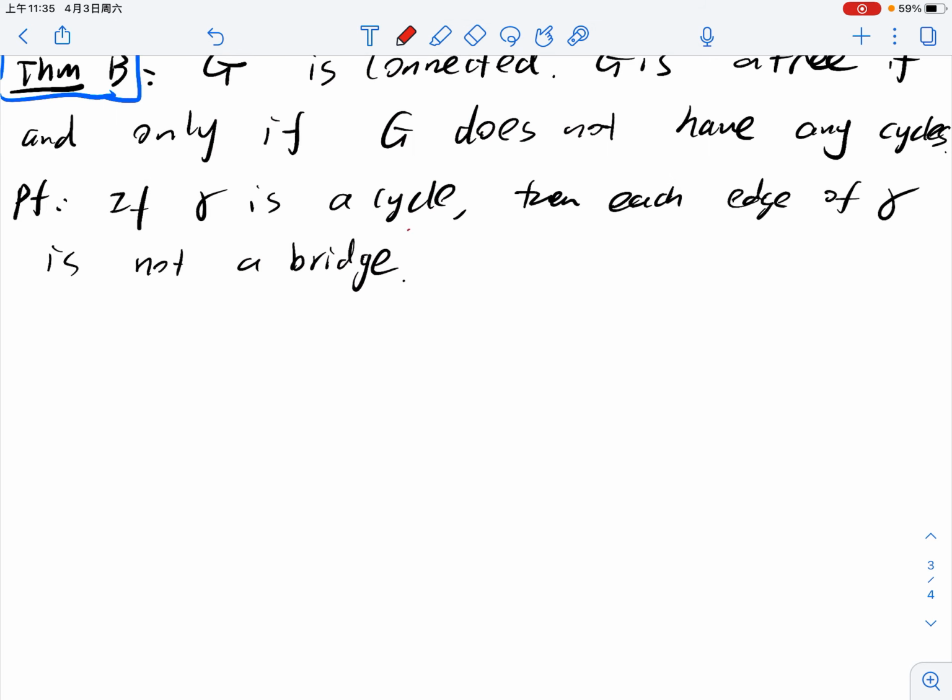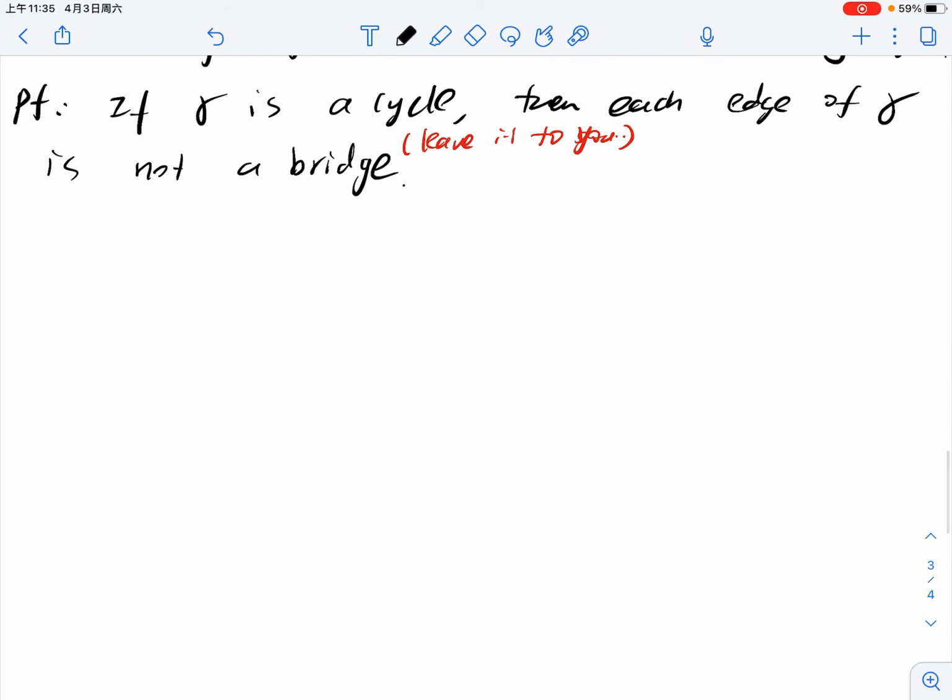We actually proved this before and leave it to you. Think about why this is true. And then the other direction, which means that if you have the property that there are no cycles, then you need to prove this connected graph is a tree. The other direction follows from the next lemma.